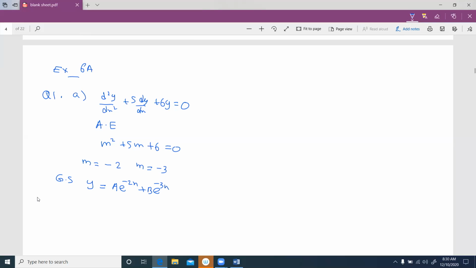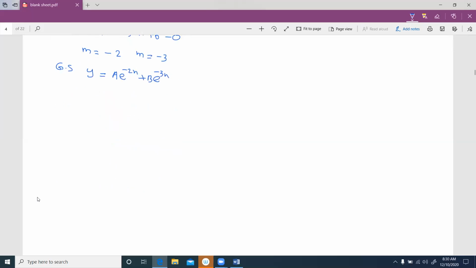Then let's go to a few more questions, right? Okay. I'll go ahead with question number C. Here they have given d squared y by dx squared plus 2 dy by dx minus 15y equals 0. So the auxiliary equation turns up into m squared plus 2m minus 15 equals 0.